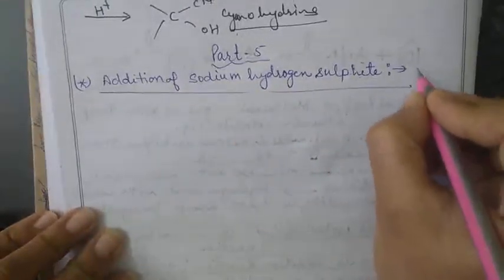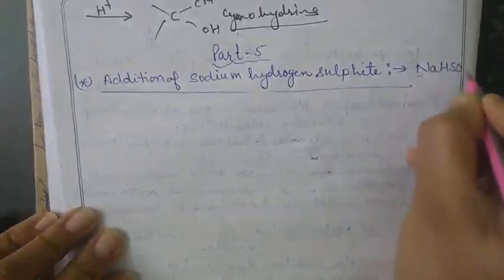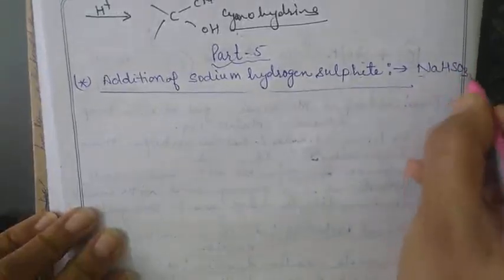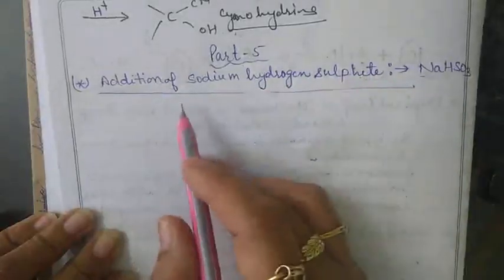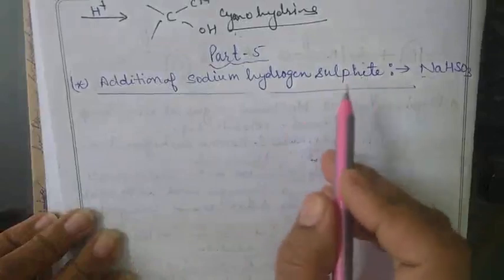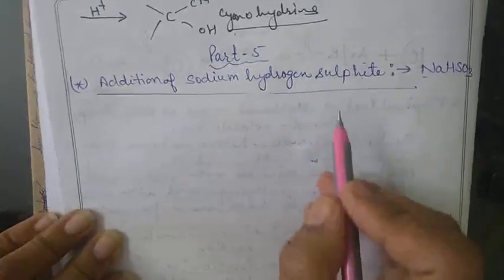First of all, write down the formula for sodium hydrogen sulfide. That is Na for sodium, H, and what is the formula of sulfite? That is SO3. So this is sodium hydrogen sulfite, NaHSO3. It adds to aldehyde and ketone to form an addition product.